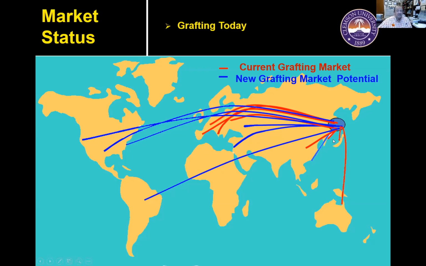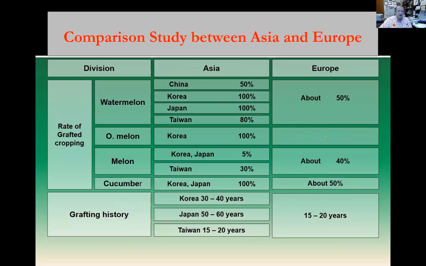It's basically from Asia and Europe regions. Just to give you some idea on statistics as far as comparisons of Asia and Europe, I just have the statistics on cucurbits here, but I wanted to share with you some interesting facts.